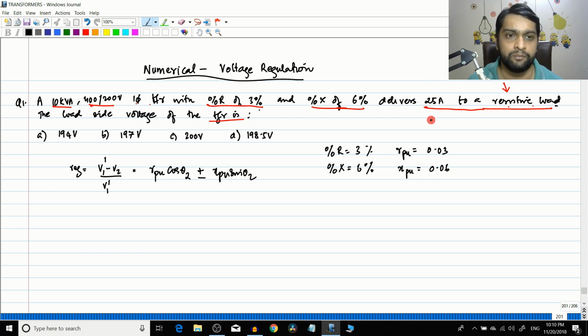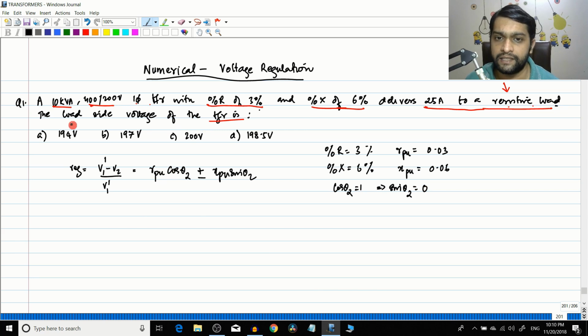Of course, this is not going to be important for us. However, it is given that it is a resistive load. That means theta 2 is the power factor angle of the load, so cos theta 2 is equal to 1. That means sin theta 2 will be equal to 0.